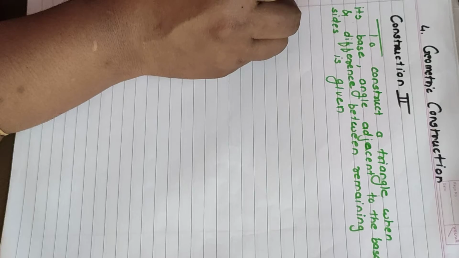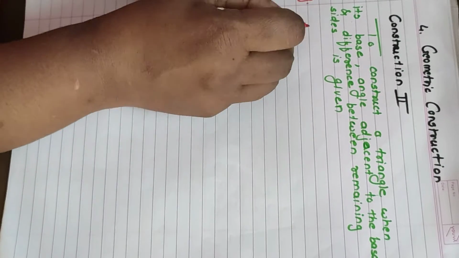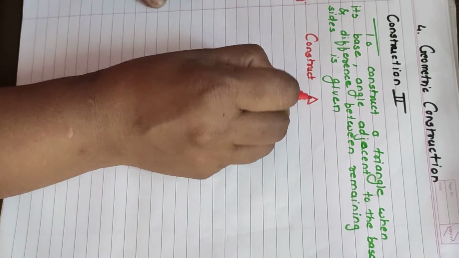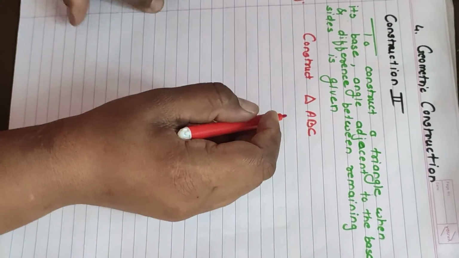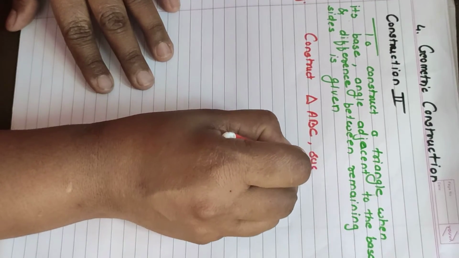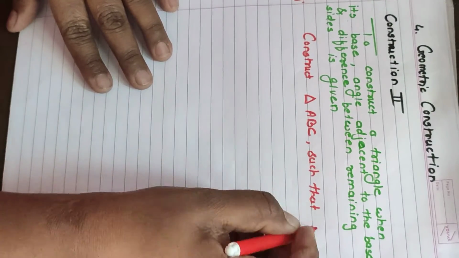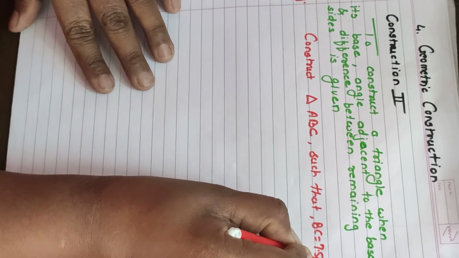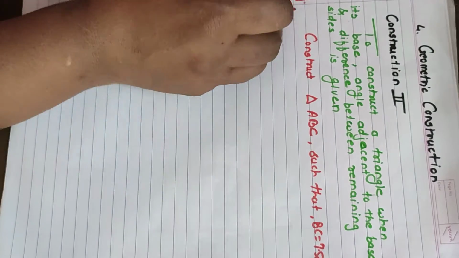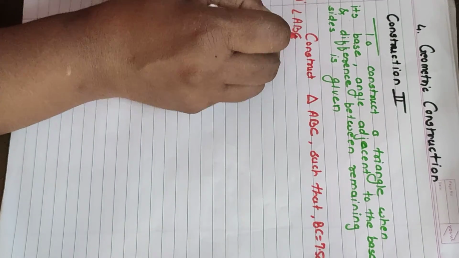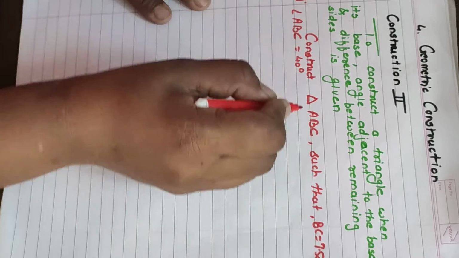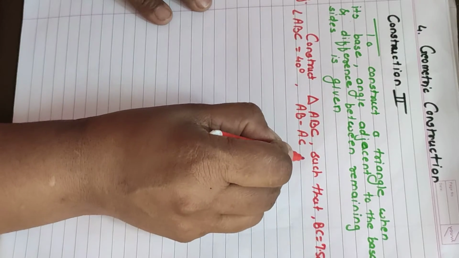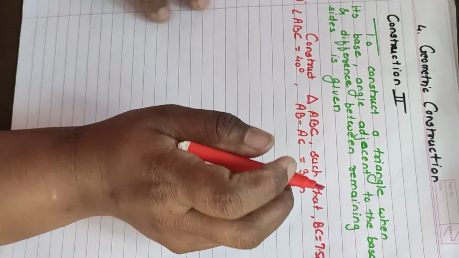So for that we will write the question at first. Example is: construct triangle ABC such that BC is equal to 7.5 centimeter, angle ABC equals 40 degree, and AB minus AC is equal to 3 centimeter.